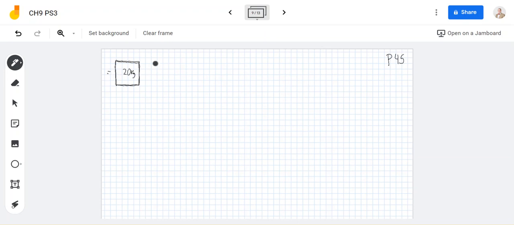Okay, it's moving through space at 200 meters per second. So we can see what the initial momentum is. Then it says it's going to break up into 3 pieces.